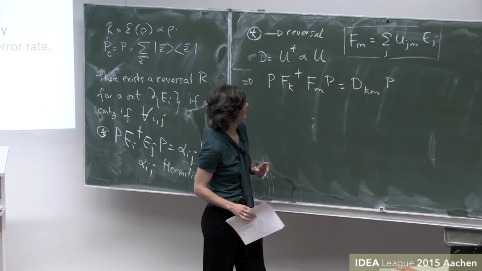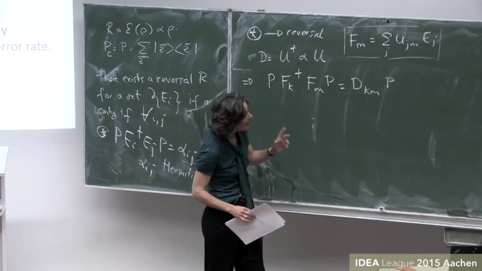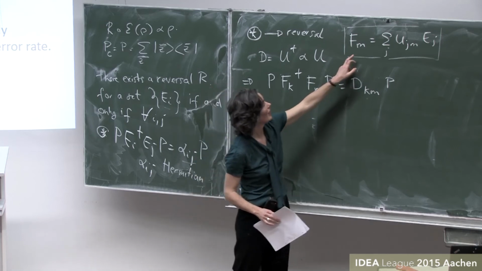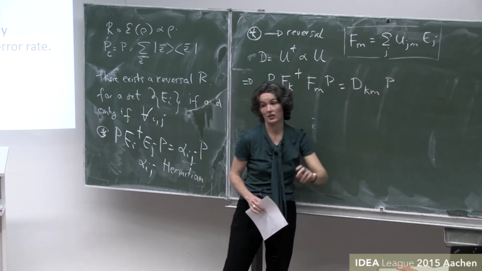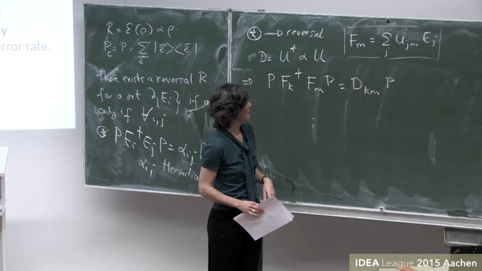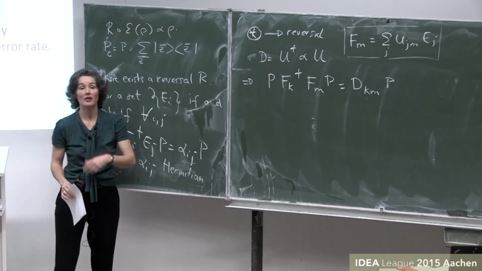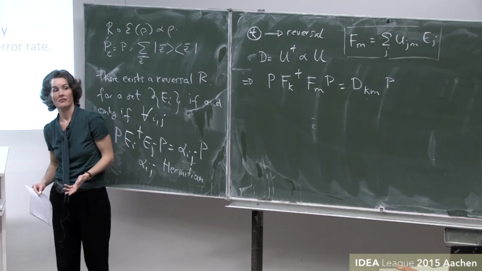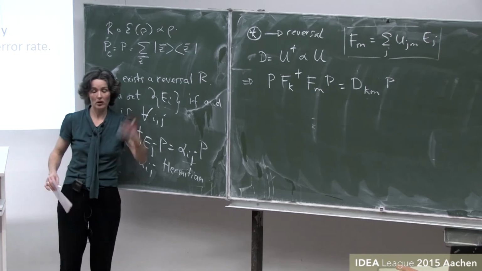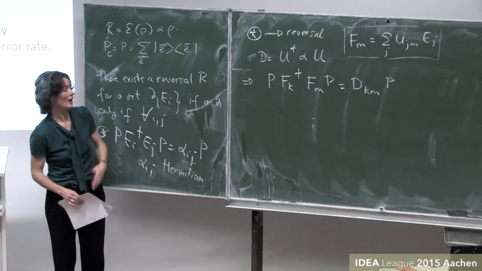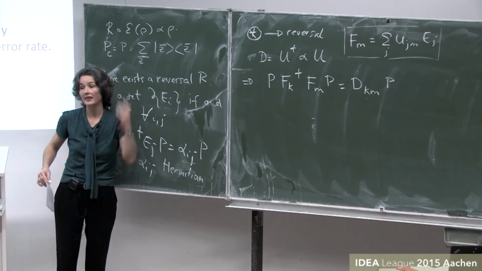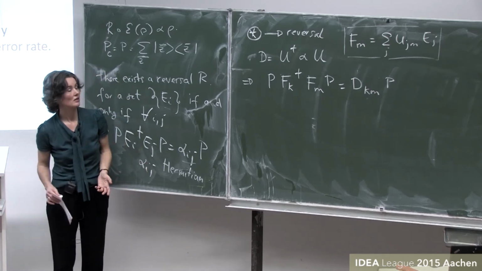Actually, the error correction condition holds where I take F to be any linear combination of the E_j. Yeah? Why am I saying this? It's because if I can correct a bunch of Pauli errors, say I can correct any Pauli error on a single qubit out of n, I can correct any linear combination of these Pauli errors.